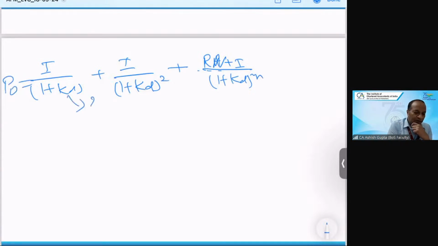Now this value KD used to be unknown and we used to calculate it by using the IRR method.